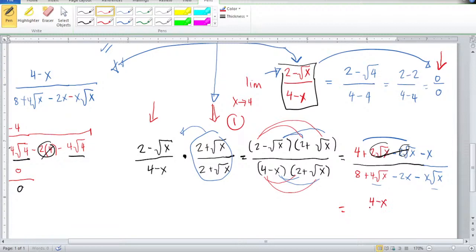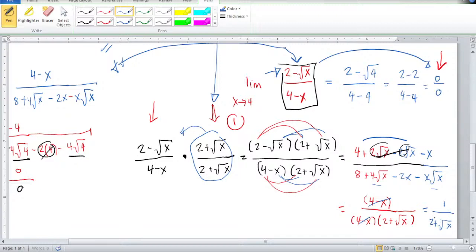And our denominator, let us not evaluate it, but rather keep 4 minus x times 2 plus square root of x. So we have to simplify it. As you can see, we can cancel out 4 minus x, which will make our expression 1 over 2 plus square root of x.